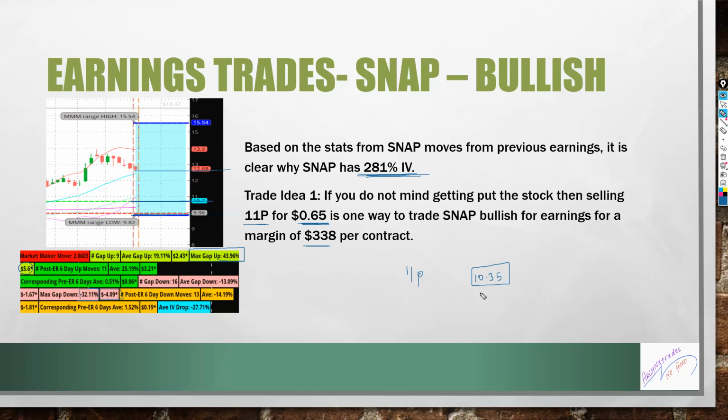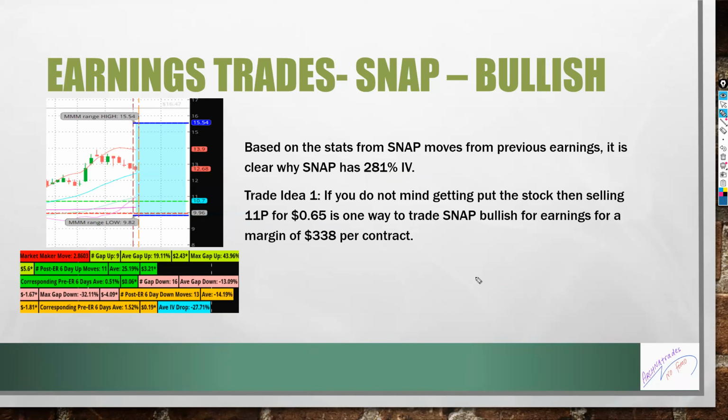So even if it goes down, your cost basis is only 10.35. If you do not mind owning Snap at 10.35, this could be one way. If Snap goes higher, you keep the 65 cents credit that you receive. By Friday, this 338 margin will be released and you made $65, in a couple of days.